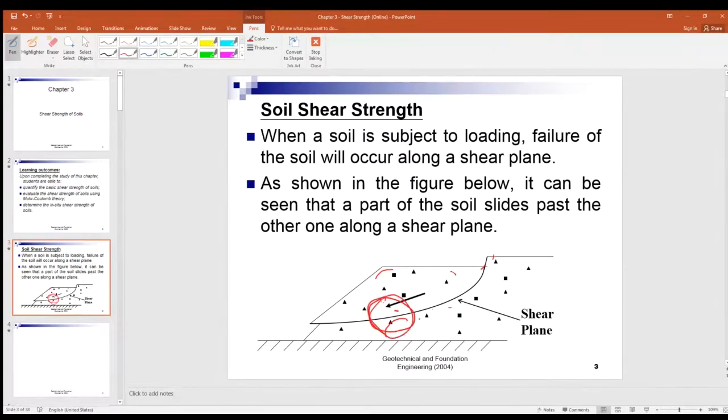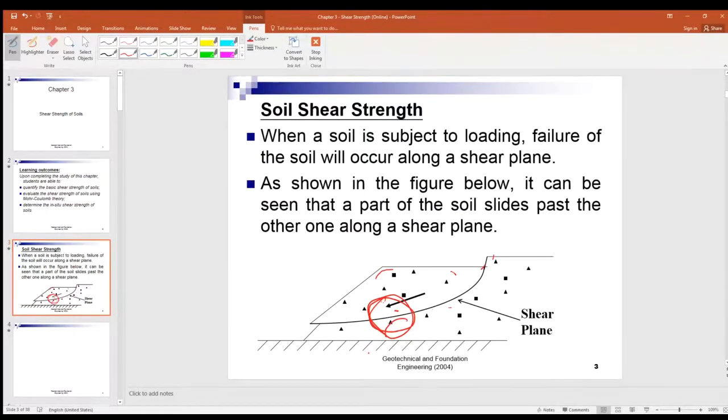There's a curved line here, along which the soil mass will be moving down, while the lower part will remain there. So the shear plane is not a flat plane.